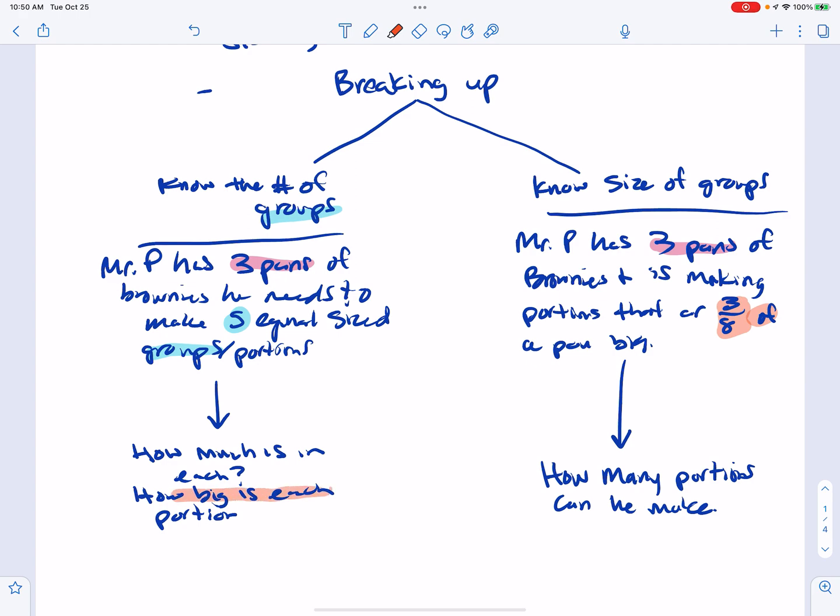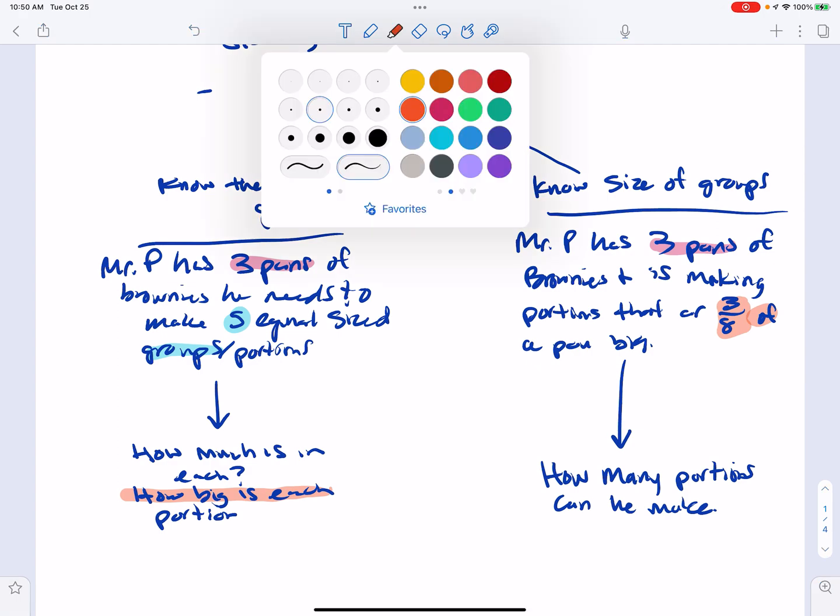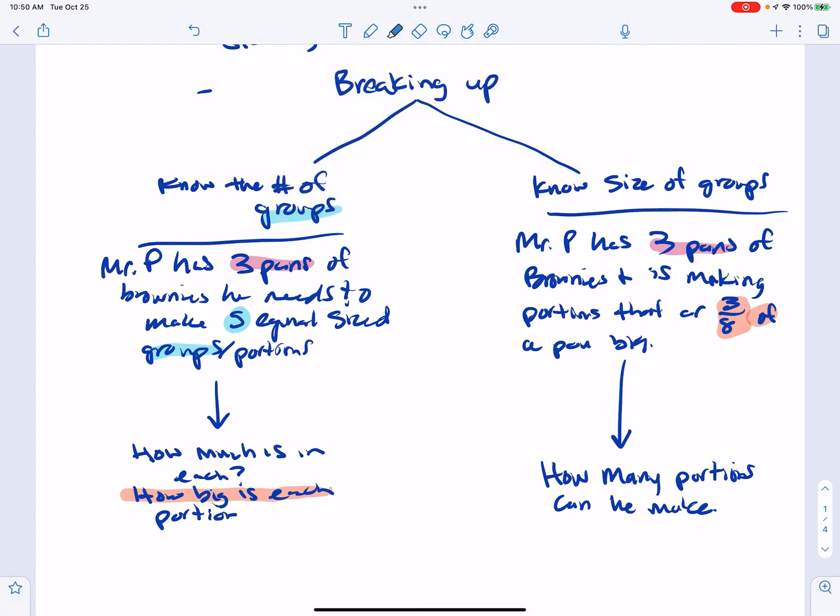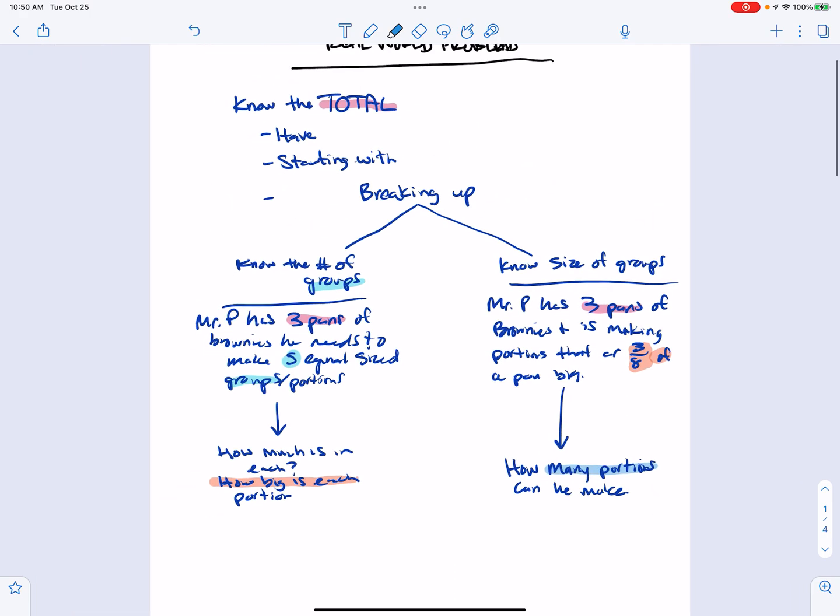So that's where it is. How big is each portion? And we want to know how many of those portions. So just a quick recap. With division problems, you're always going to know the total, and then you're either going to know the number of groups and be looking for the number in each, or you are going to know how big each group is, and you want to know how many groups there are.